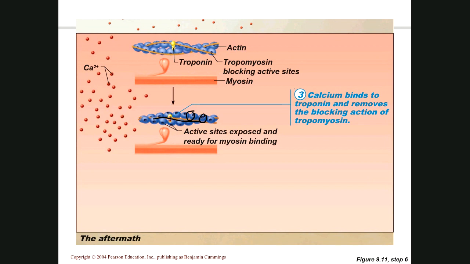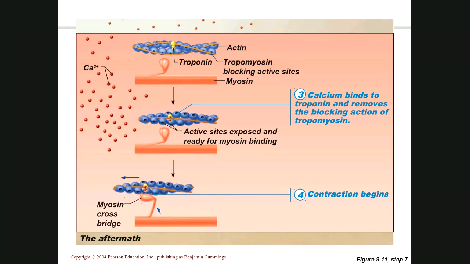So the active sites of actin are now being exposed, they've become available, and remember that the head of the myosin protein has an active site of actin receptor. So when this active site of actin is available, like two poles of a magnet, these two structures come together into what's called a cross bridge. So you can see here the head of the myosin going up and binding to the active sites of actin.